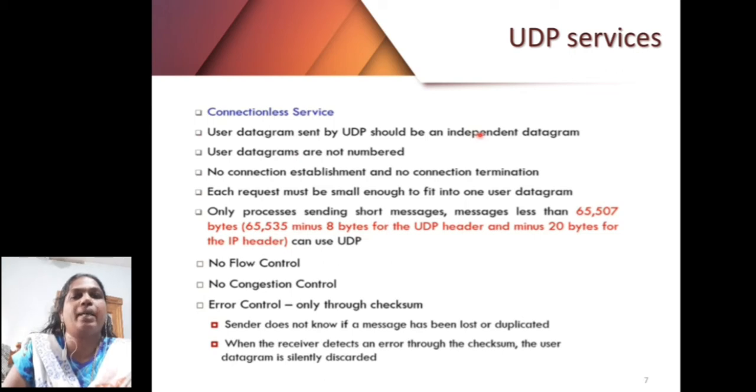The packets sent with the help of UDP are very small in size compared to TCP, and there is no separate flow control or congestion control mechanism, but it has a small extent of error control through the checksum. Once the data is sent as a datagram with UDP, we are not receiving any acknowledgement, so we call this a best effort service, and message loss or duplication cannot be easily identified in UDP services.